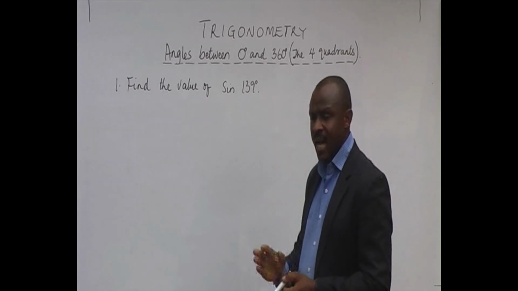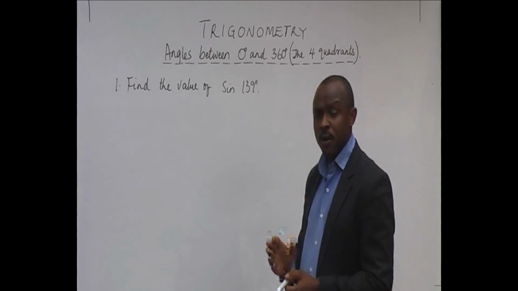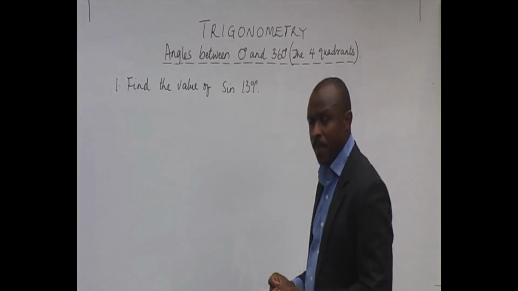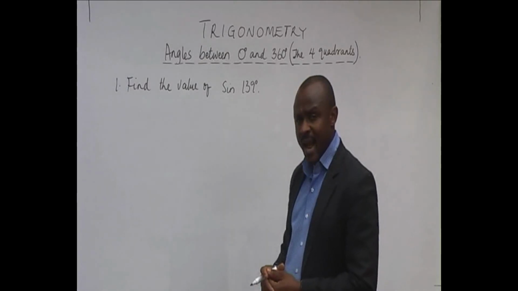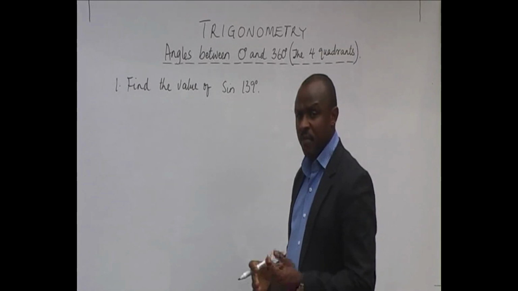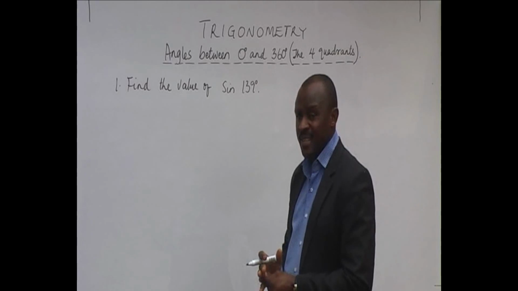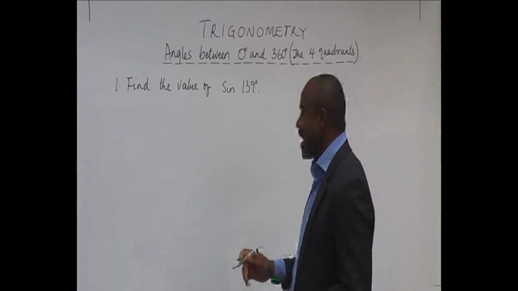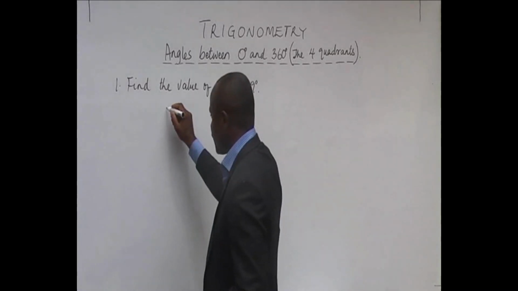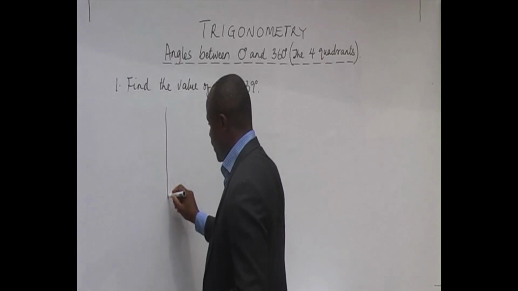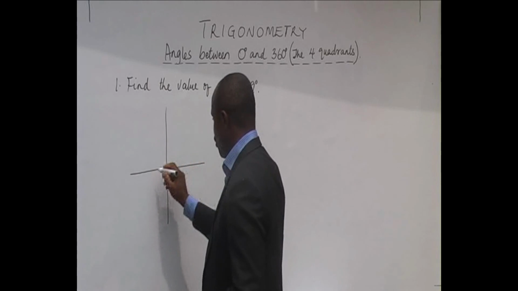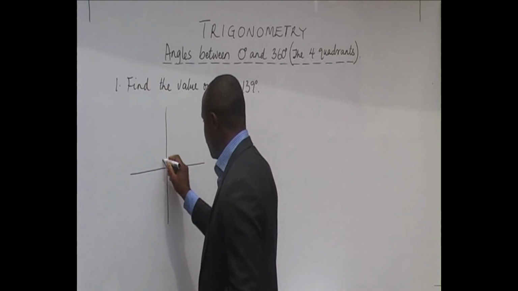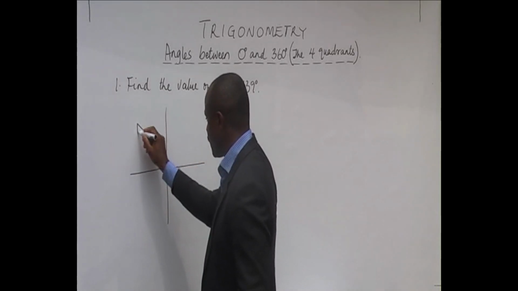Third quadrant has 270. Fourth quadrant has 360. Now, where does 139 fall? If you look closely, you discover it falls into the second quadrant. Now, draw that second quadrant. Very, very important. Draw the angle of the second quadrant.